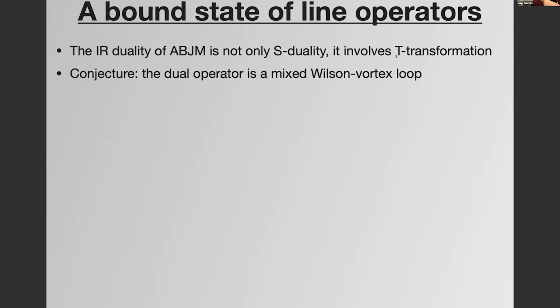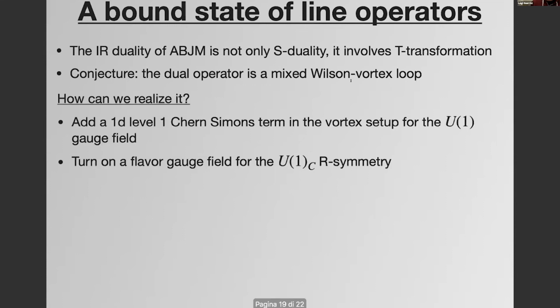So we conjecture that the latitude Wilson loop is dual to a mixed Wilson vortex loop. This is a conjecture, but we can try to realize this operator. Our proposal is to add a 1D level 1 Chern-Simons term for the U(1) gauge field.